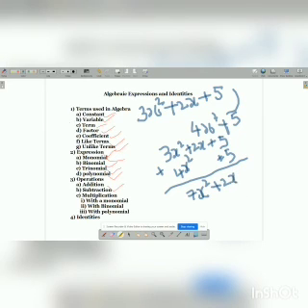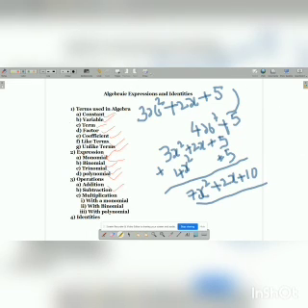Next plus 5 plus 5 is 10. So this is your answer. So when you are adding, you need to add only the like terms.